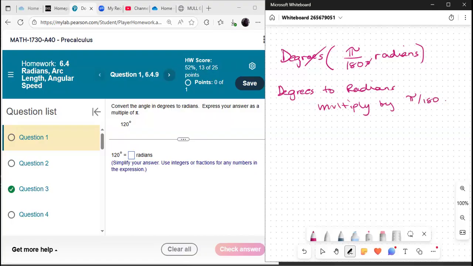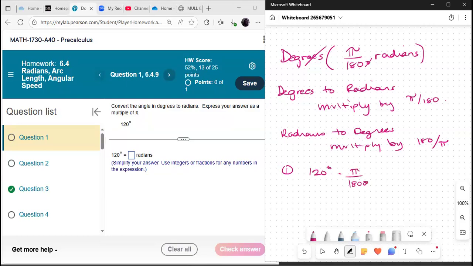And if we're going to convert from radians to degrees, we're going to multiply by 180 over pi.